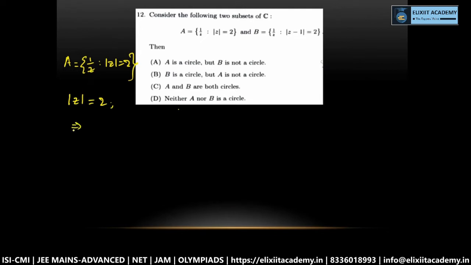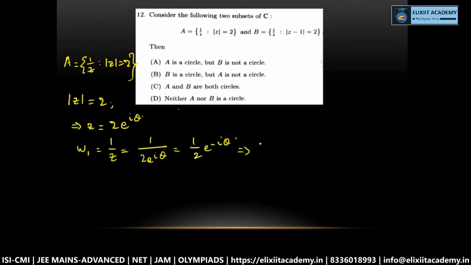So here this means z is 2 into e to the power i theta. Now in terms of 1 by z, let's say 1 by z is w1. So 1 by z is 1 upon 2 into e to the power i theta, which is basically half into e to the power minus i theta.